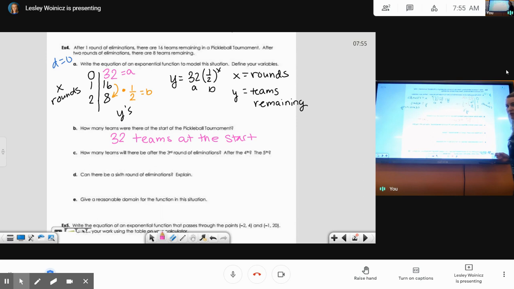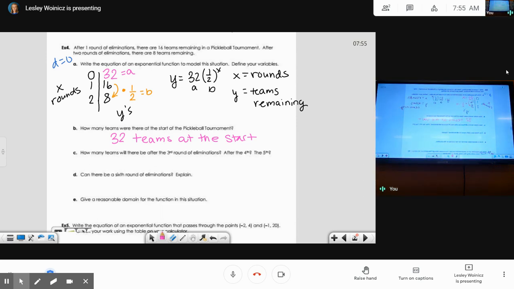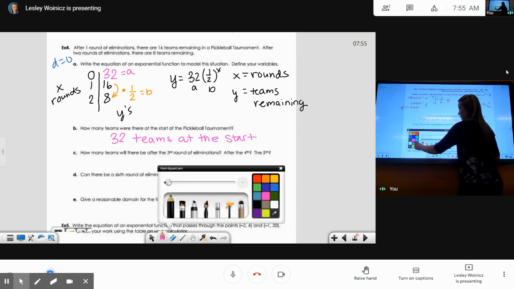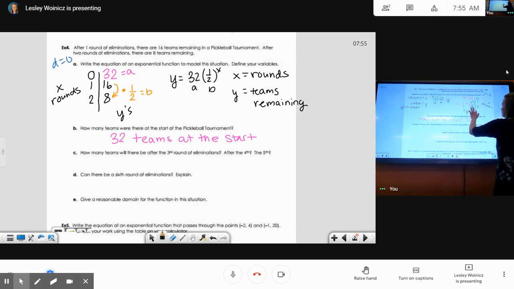I actually got that from my table. Okay, how many teams will there be after the 3rd round of eliminations? So we can get that by extending our table. So this will be 3, 4, 5. Okay, that's all the far that I have to go right now.